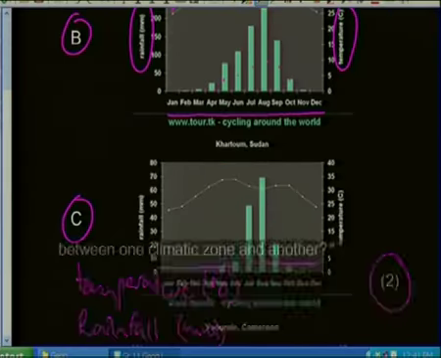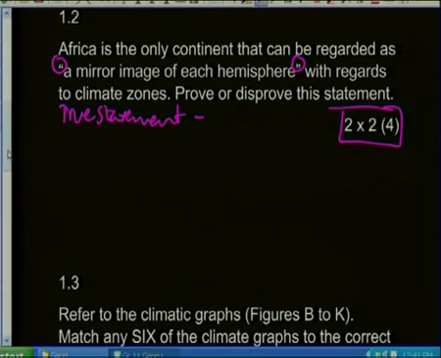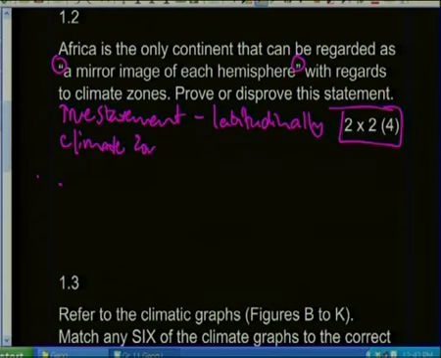So it is in fact a true statement. And we can say in our reasons now that latitudinally, climate zones are similar to the north and south of the equator.